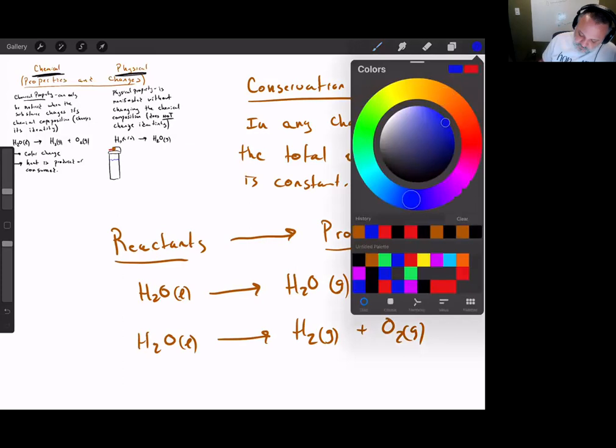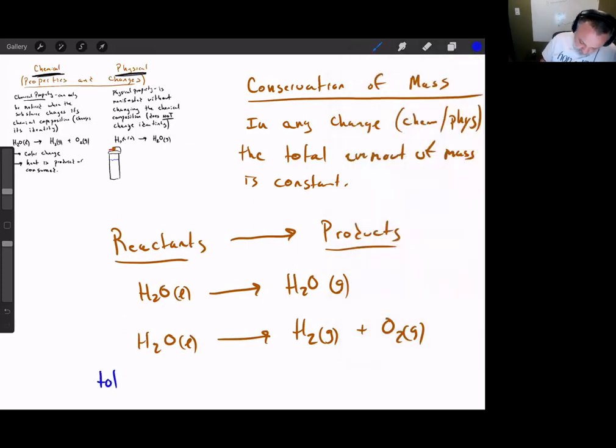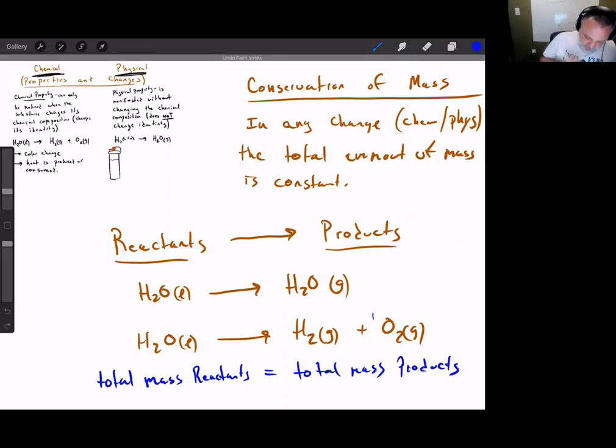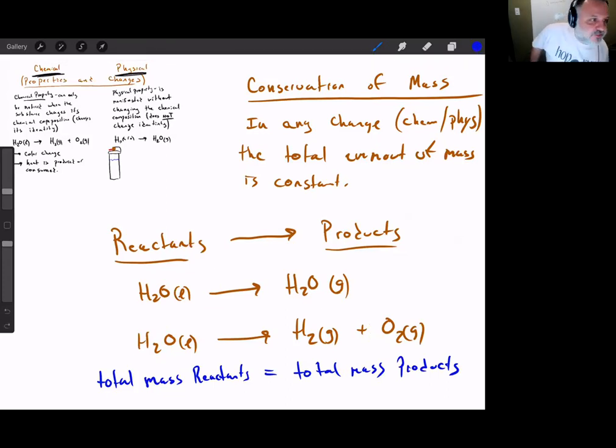This is what's true: the total mass of reactants equals the total mass of products. And in fact, in order to make it actually true, I need to do something more, but I'm not going to introduce that just yet. I'll save that for chapter 6.